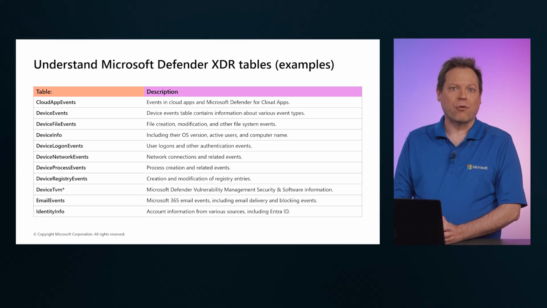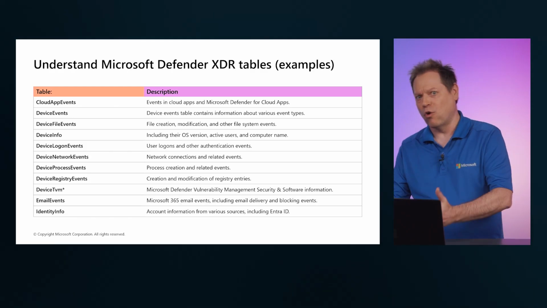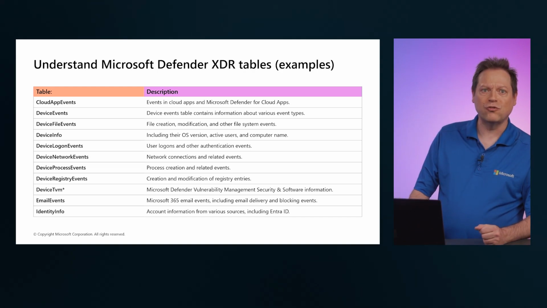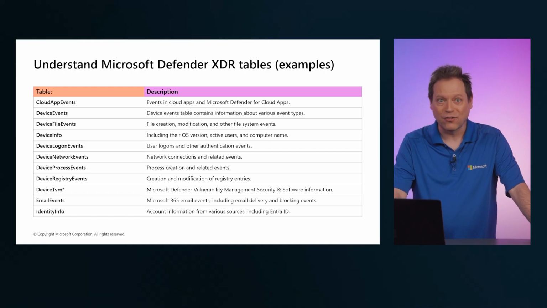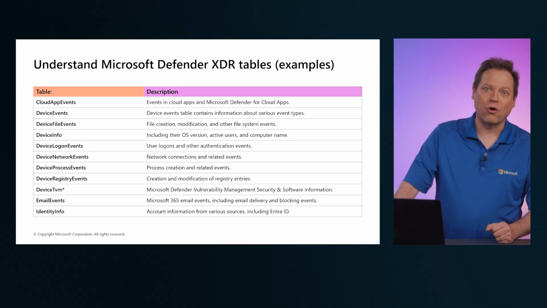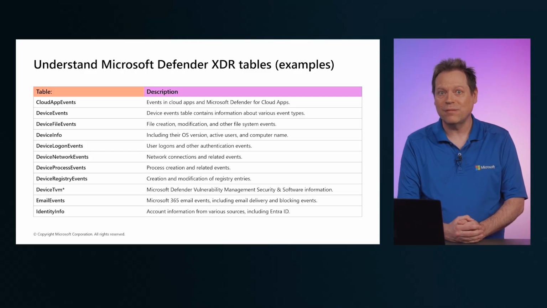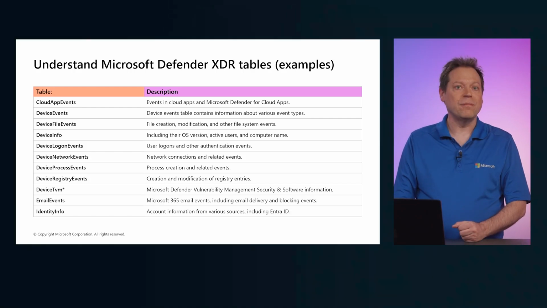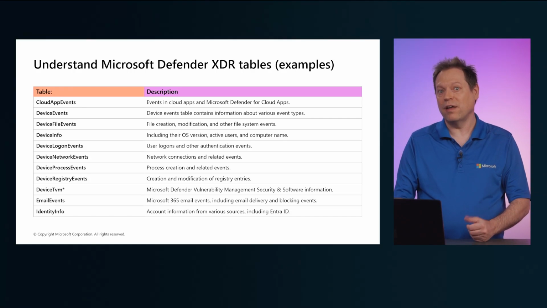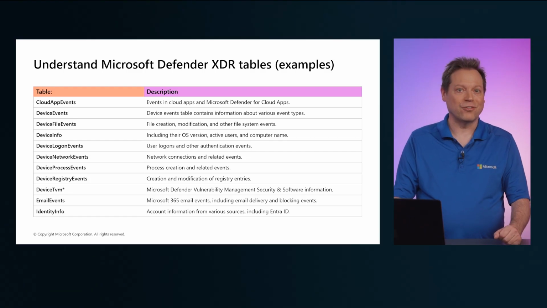DeviceInfo provides device context like OS version, active users, and computer name. You'll also see tables like DeviceLogonEvents for authentication activities, DeviceNetworkEvents for network connections, DeviceProcessEvents for process creation, and DeviceRegistryEvents for registry changes.